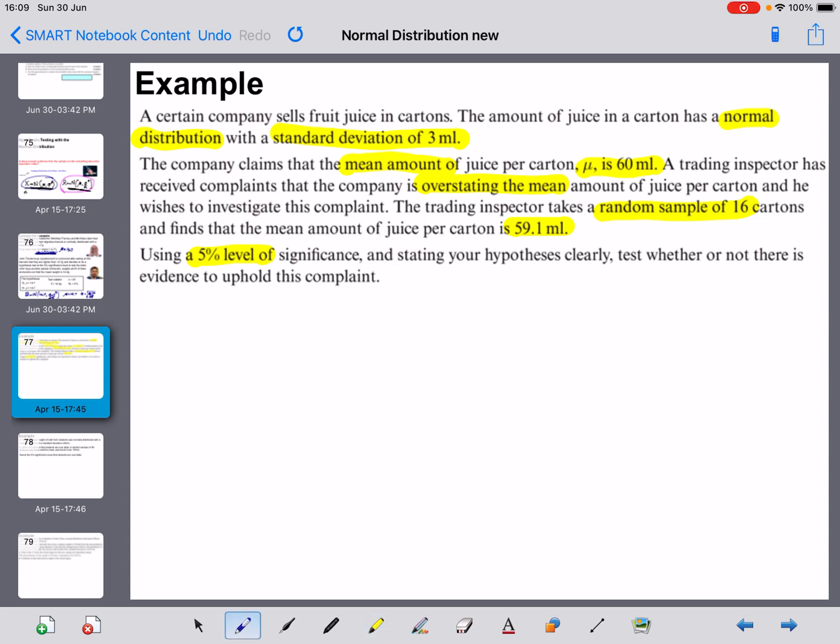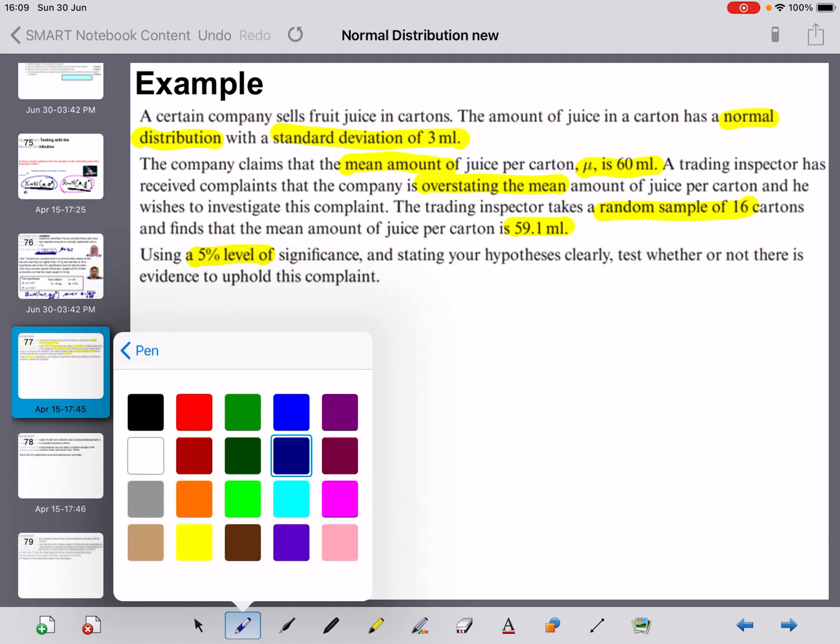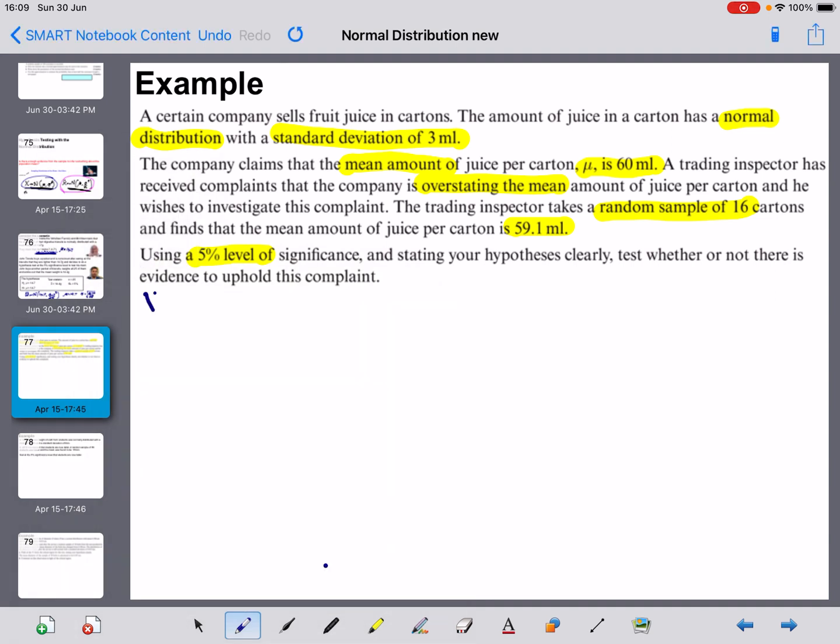Okay, so in the first sentence, we're told the standard deviation of the juice, and in the next sentence, we're told the mean. So we can say that X, representing the amount of juice per carton, is normally distributed with a mean of 60 and a standard deviation of 3.